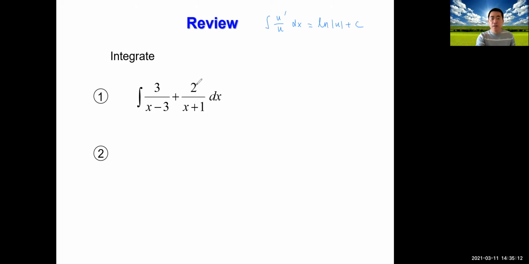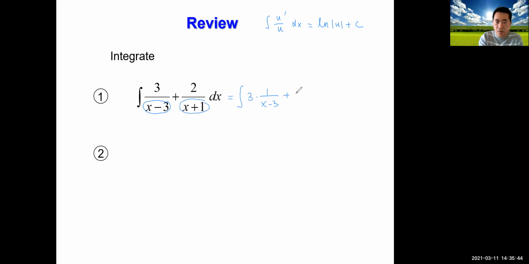All right. So if you look at this, what is the derivative of x minus 3? Well, it is 1, right? So technically you need the 1 at the top. So when you rewrite, you could write the integral of 3 times 1 over x minus 3 plus, and then same thing with the derivative of x plus 1, it's 1.